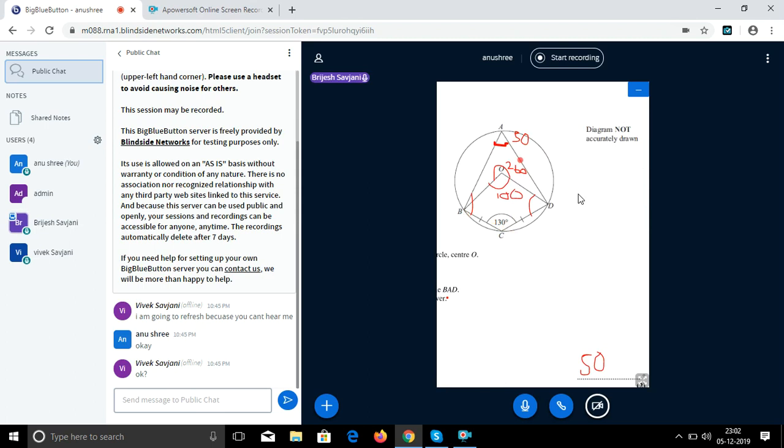So BCDO is also a small quadrilateral. So you can do 360 minus 100 minus 130, over 2, which means 130 over 2 is the same, 65 degrees. Okay.